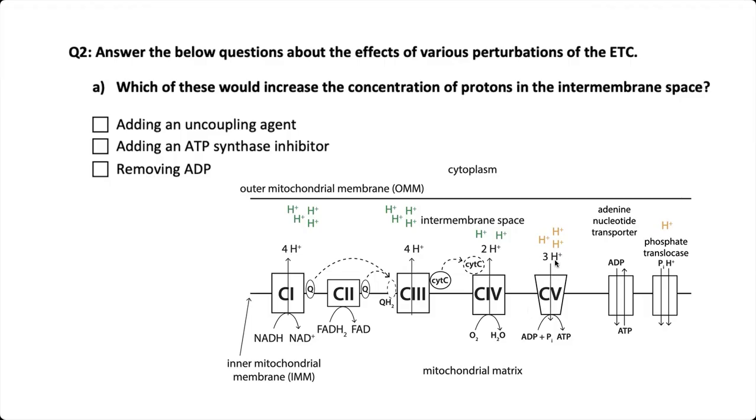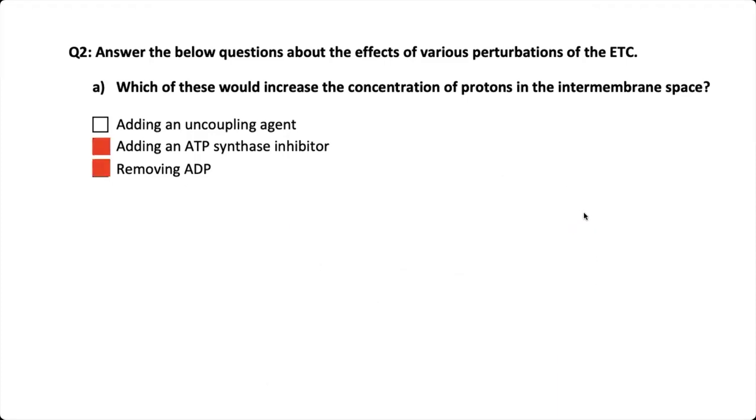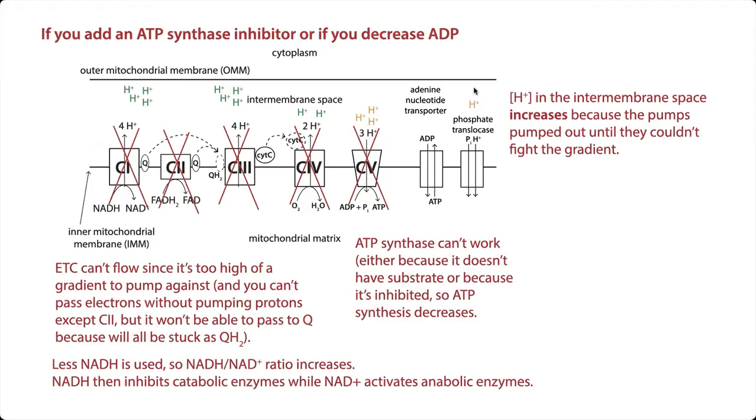That means protons are not flowing through ATP synthase. And if we don't have an alternative route, no uncoupling agent, the protons are going to build up in the inner membrane space, because the pumps pumped out until they couldn't fight the gradient. So you've got the protons out here building up and can't come through.